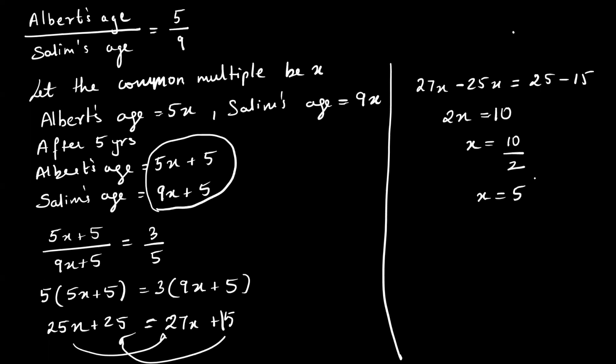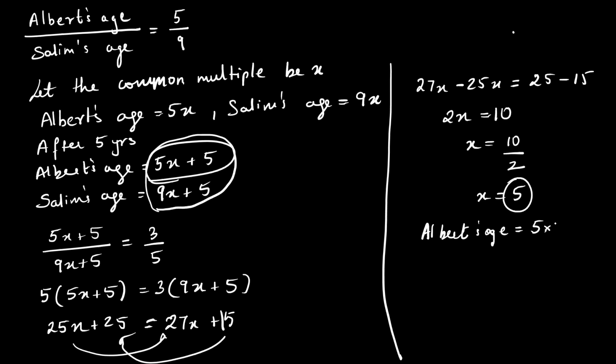Okay. What are we supposed to find in the sum? Sir, I can't hear you. Your voice is breaking. What are you supposed to find in the sum? Age of Albert and Salim after 5 years. अच्छा. So we have to find this. तो Albert's age क्या आएगा? 5x. X की जगह पे we can put this.